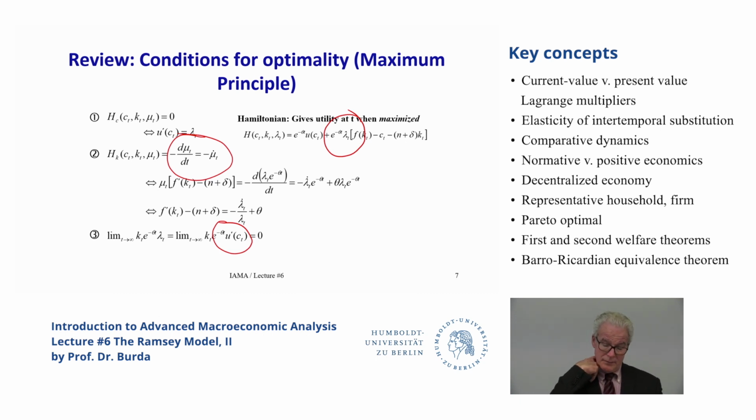So to rule that out, we let t go to infinity and just set that product equal to 0. And that kind of rules out that case. We won't use this condition directly in the analysis, but it's important to know that these types of paths where sort of an exaggerated accumulation of capital stock is taking place will be ruled out.